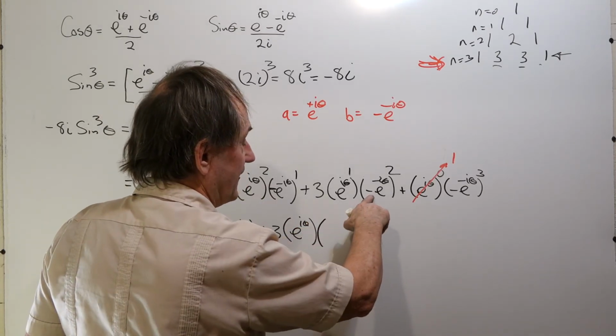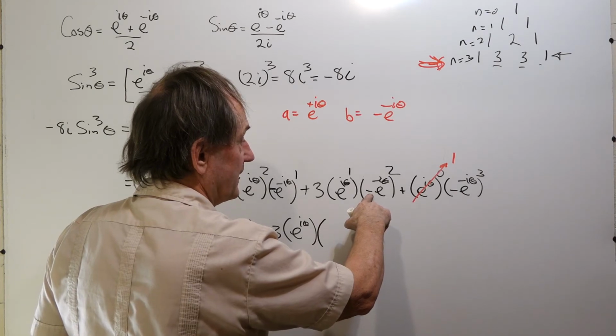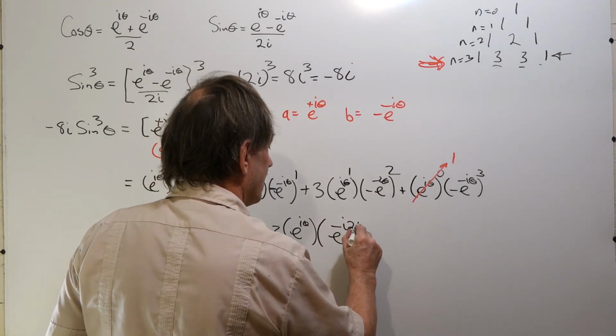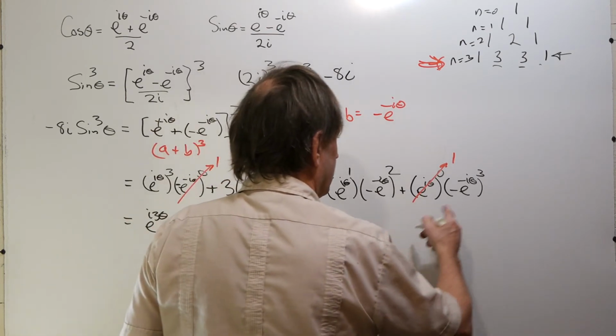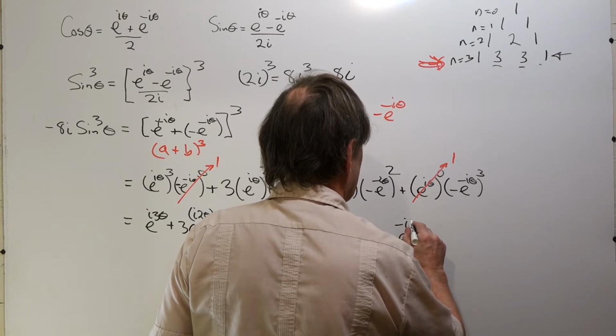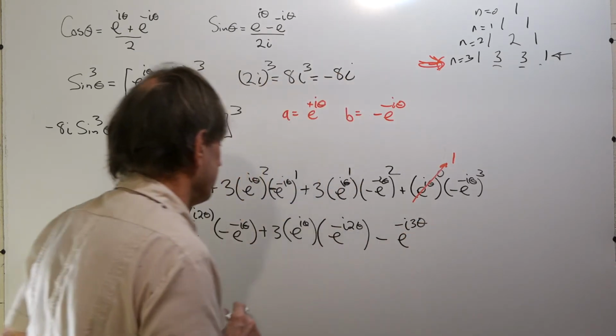And we're squaring, we have a minus sign, so we square it, we get a positive, and we end up with e to the minus 2i theta. And then a minus e to the minus 3i theta.